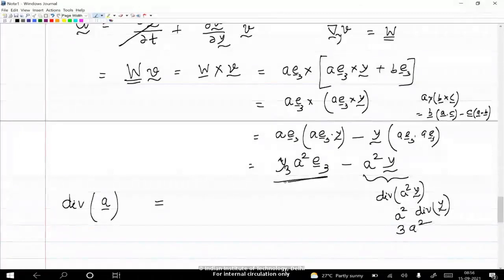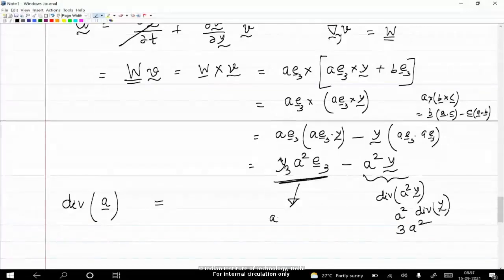And what about this part? So this is a square y3 e3. And when you take its divergence, what do you get? So that part is not 0. For the first term, what is the divergence of it?